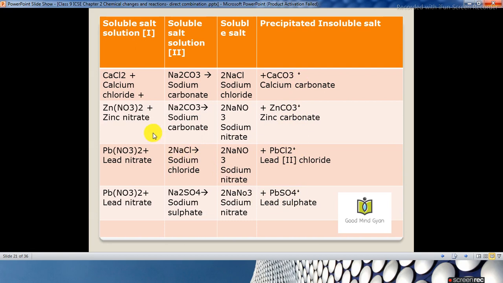Zinc nitrate combines with sodium carbonate to give sodium nitrate, and zinc carbonate is the precipitate formed. Lead nitrate combines with sodium chloride to give sodium nitrate, where lead chloride is a precipitate, and lead nitrate combines with sodium sulfate to give sodium nitrate and lead sulfate, which is a precipitate. So this is precipitation taking place, and it is called preparation of insoluble salts by double decomposition precipitation.